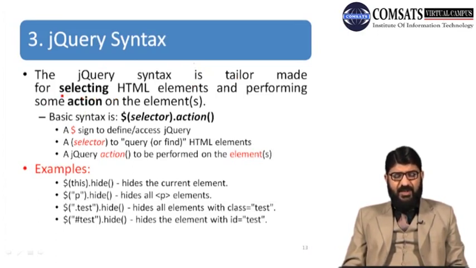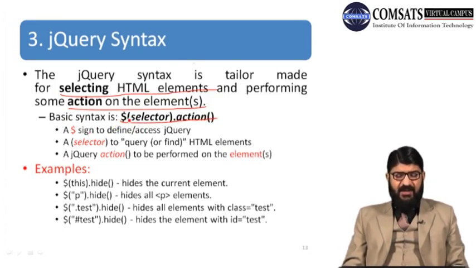First we need to select that element, and second, perform the action on the element accordingly. So the basic syntax of writing is $, then selector, and then the action. This is the basic syntax for writing jQuery.